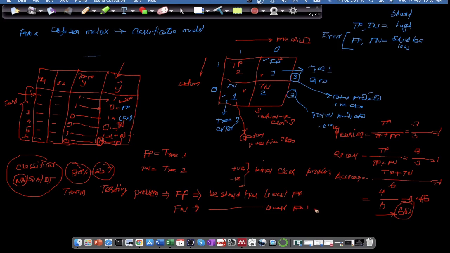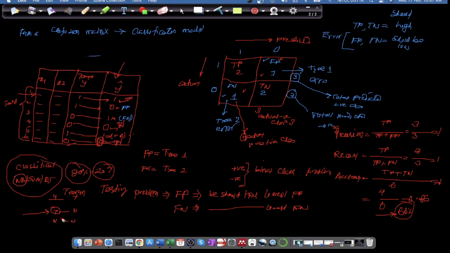For example, suppose we have a problem where we have to identify whether a patient is affected by cancer or not. If it is Y, then he is affected by cancer. If it is not, then he is not affected by cancer. Suppose this is the actual value and we have the predicted value: he actually has cancer, but he is detected by the model as not having cancer, like this.